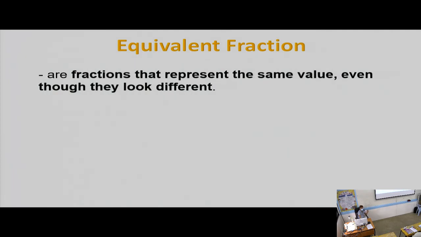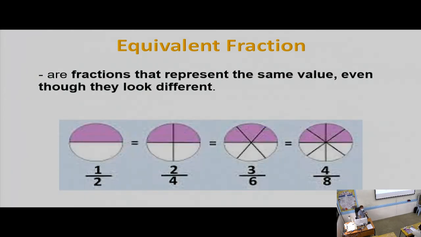Equivalent fractions. When we talk about equivalent fractions, these are fractions that have different numbers but the same value. Example: we have 1 over 2, 2 over 4, 3 over 6, 4 over 8. These are all the same fraction.